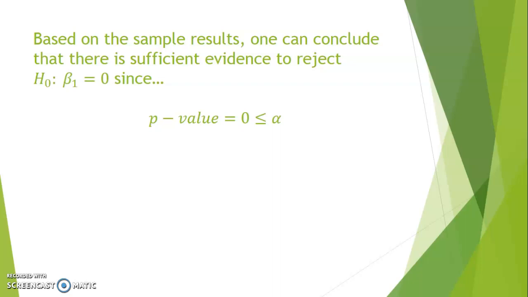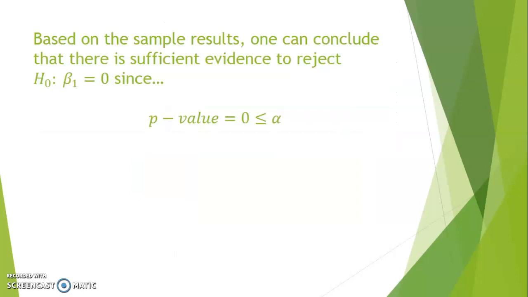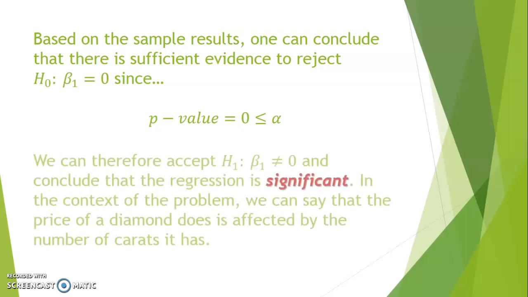Based on sample results, one can conclude there is sufficient evidence to reject h0 if the p-value is under 5%, which was the case in our previous slide. With a p-value of 0, any level of alpha, 1, 5, or 10%, would not have been surpassed.